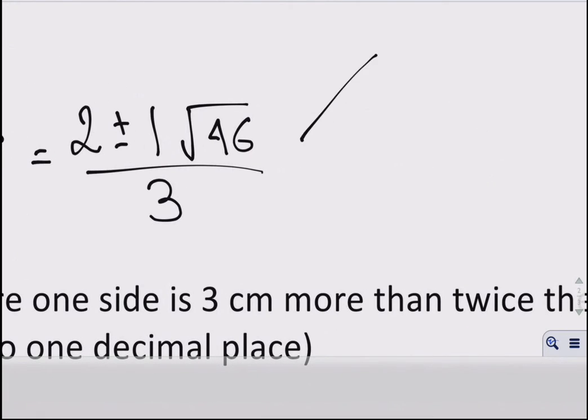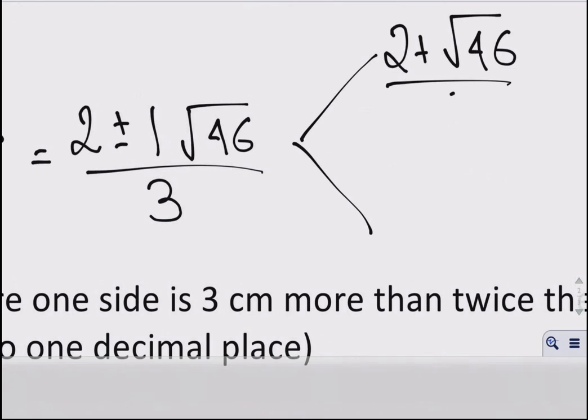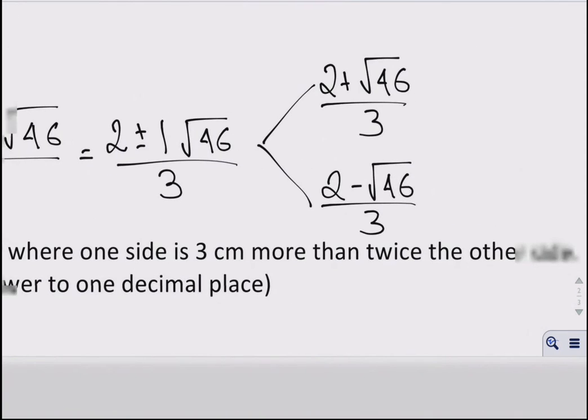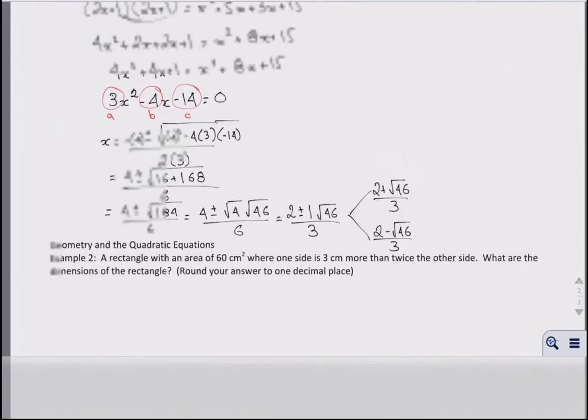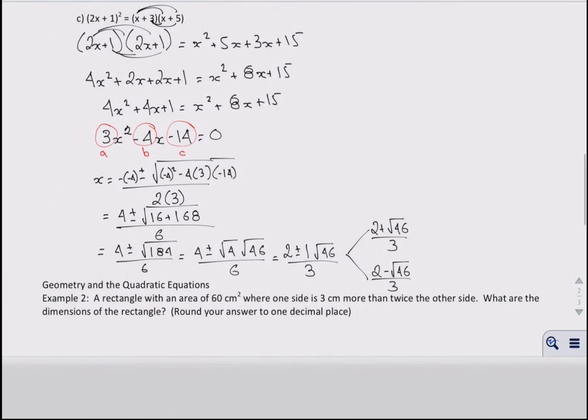And this gives me my two answers in simplified form: 2 plus root 46 over 3, and 2 minus root 46 over 3. And I believe that is your final answer.